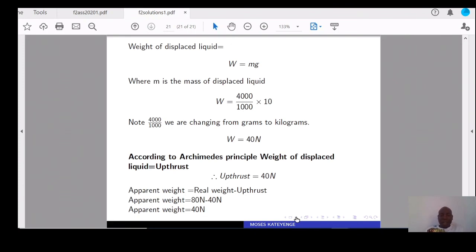So I get my 4,000, which is the mass of the displaced fluid. I'm going to change it to kilograms, which means that I'm going to divide by 1,000, and then multiply by the acceleration due to gravity, such that I get the weight of the displaced fluid. And if you work this out, you're going to get weight is equal to 40 newtons.